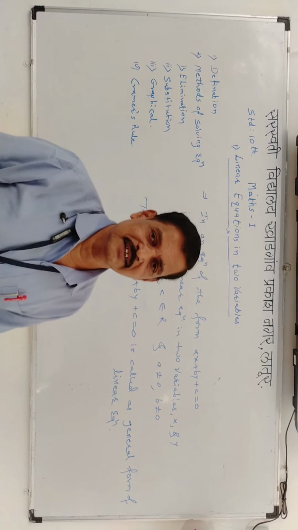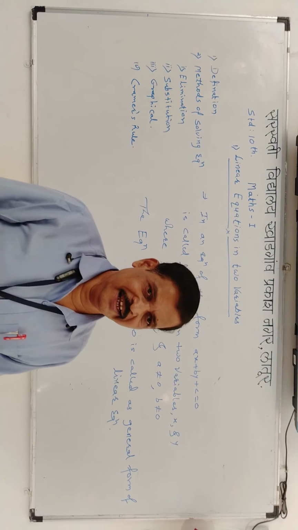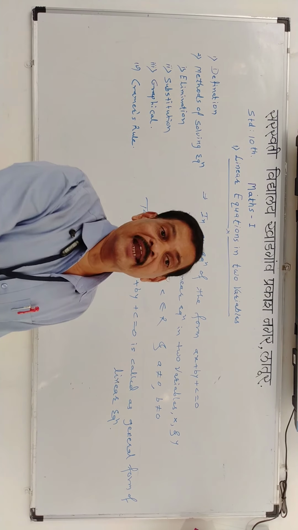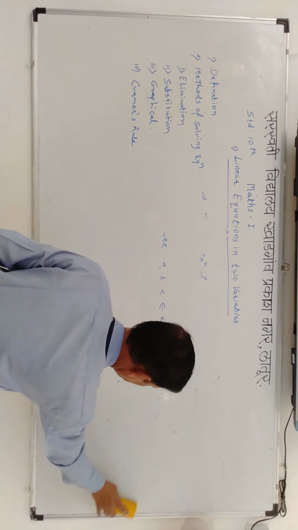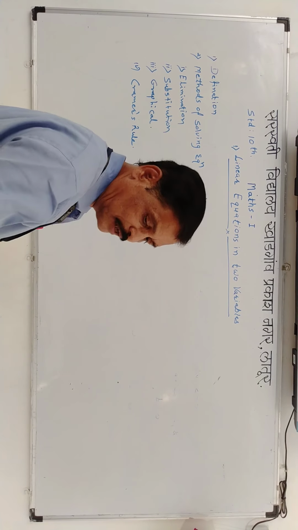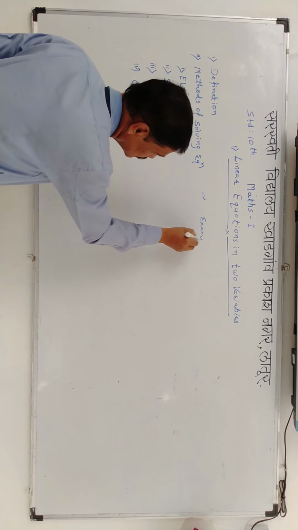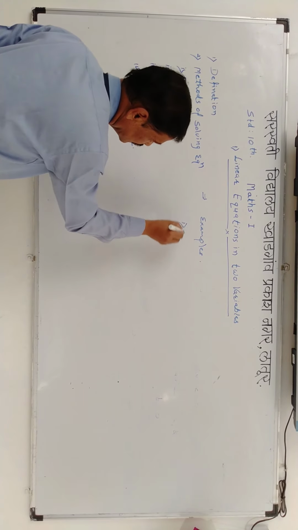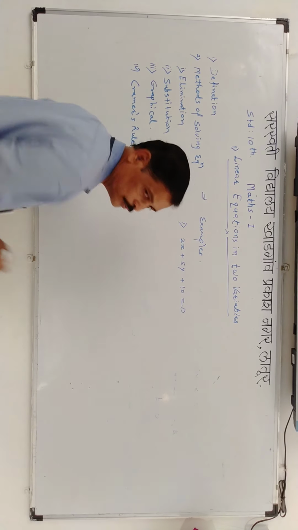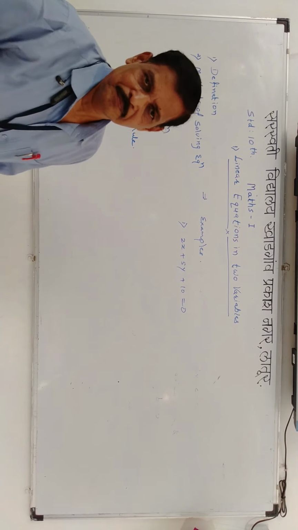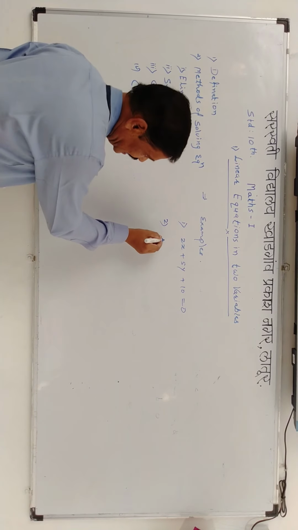If the question is asked to write any two linear equations in two variables, at that time you can write any equation like this, for example 2x plus 5y plus 10 is equal to 0. Take any number and any two variables like this.